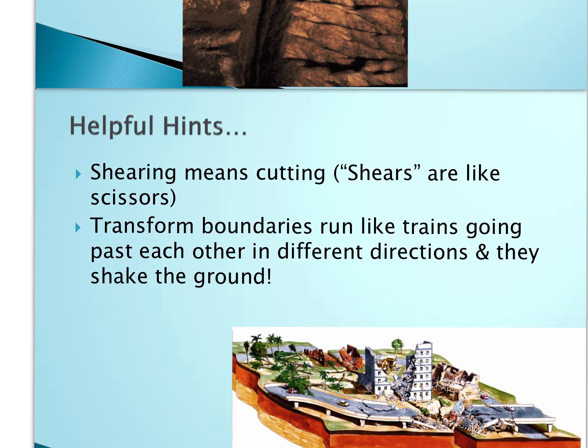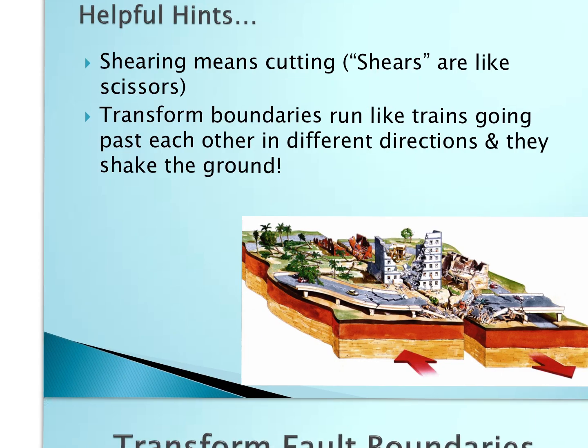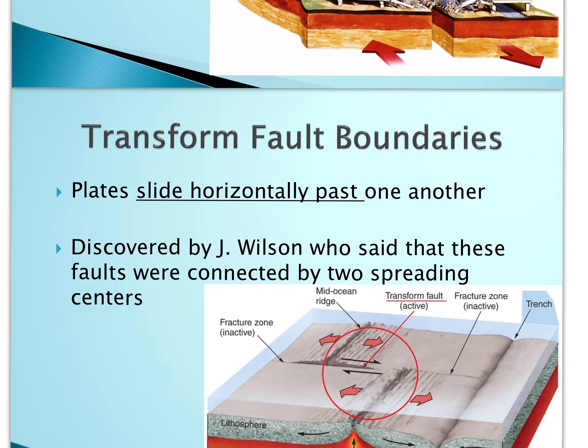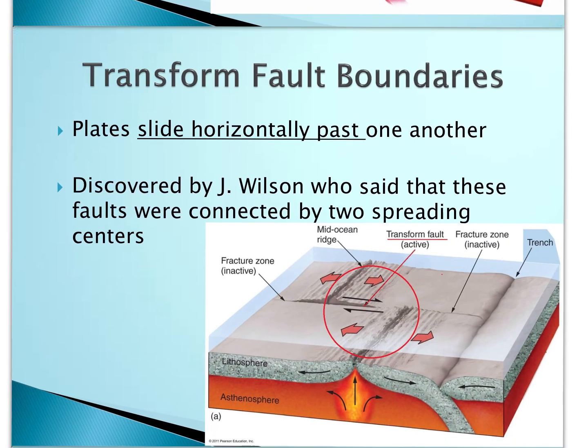We do, by the way, have transform faults all along the mid-ocean ridge. It actually offsets the mid-ocean ridge, which is kind of cool. All right, so again, shears like scissors. And then plates slide horizontally past each other.